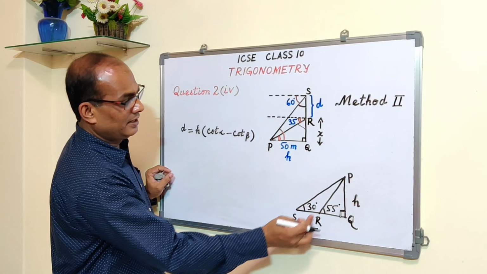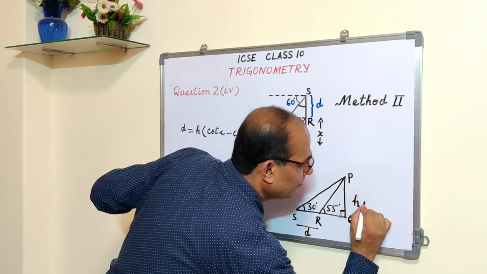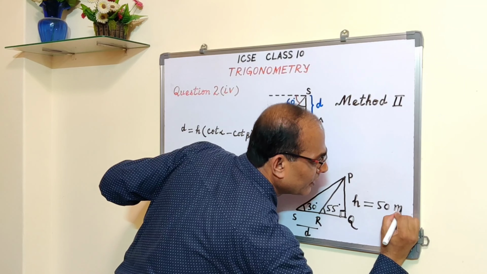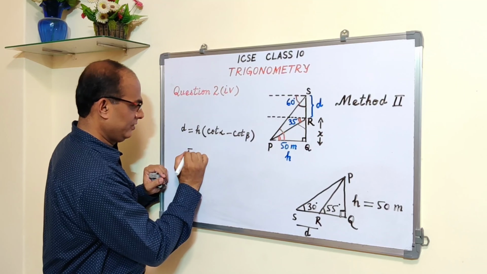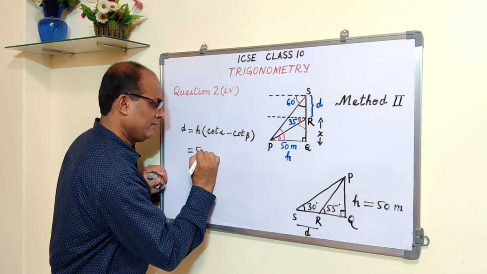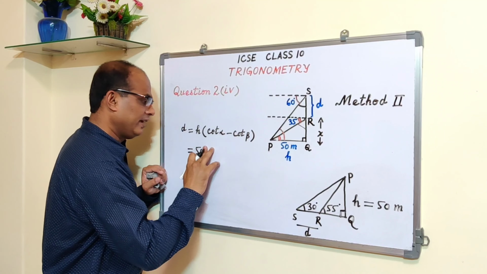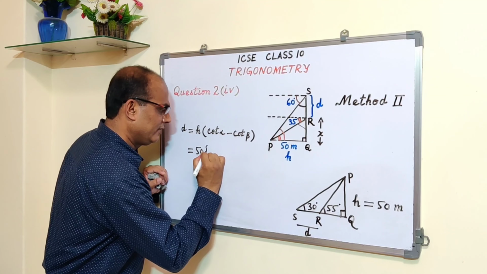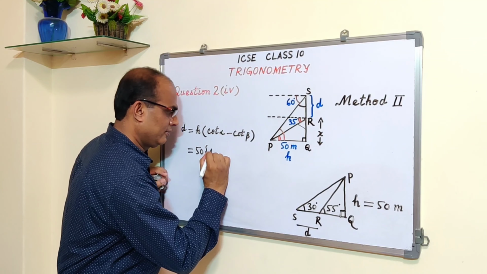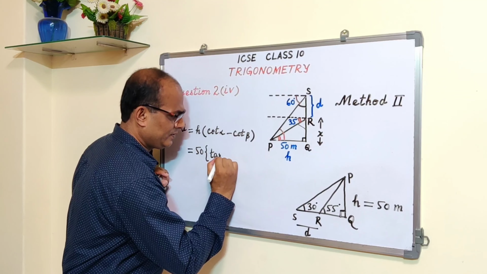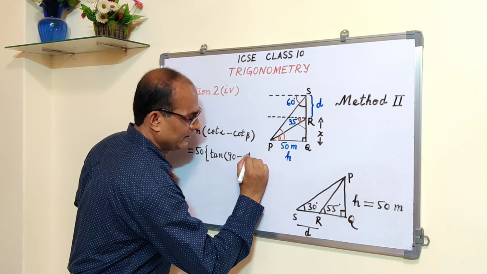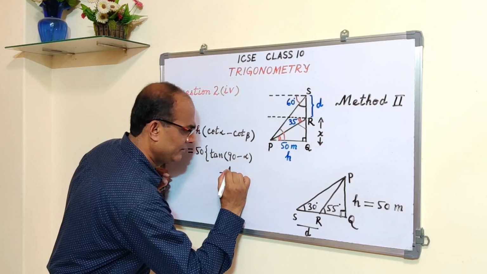H is 50, this is given. If you see the question, this is given 50 meters. So if you substitute, you get D is equal to H means 50, and in bracket. Now see, cot alpha you can write down in terms of tan also. Tan 90 minus alpha. So some people write down like this also. Tan 90 minus alpha minus tan 90 minus beta.